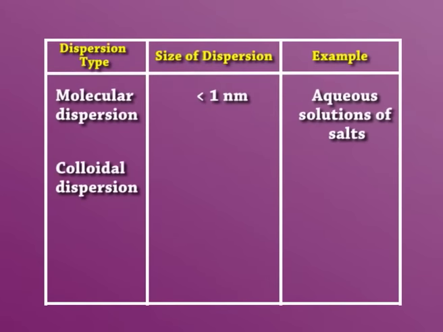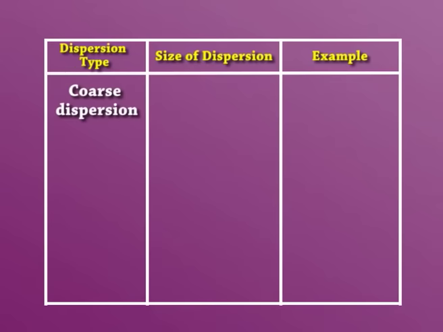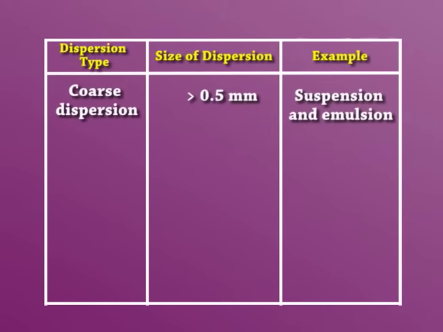Colloidal dispersions are in the range of 1 nanometer to 0.5 micrometer, for example milk, that is an emulsion of fat and some other substances in water. Second example, the natural polymers. The coarse dispersions are greater than 0.5 micrometer, for example suspensions and emulsions.